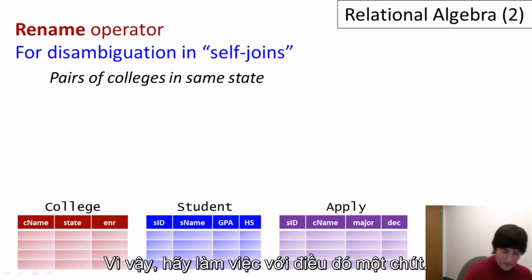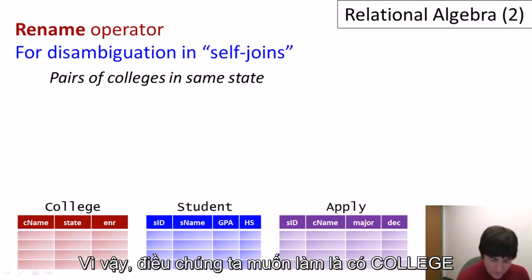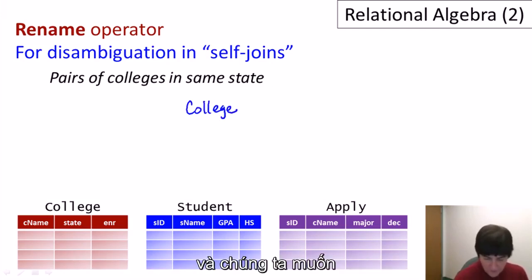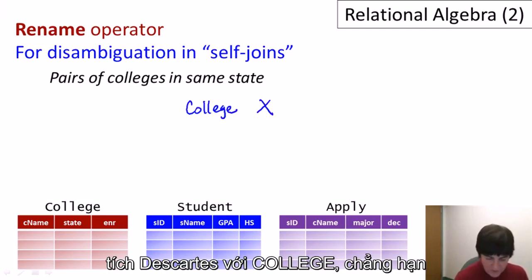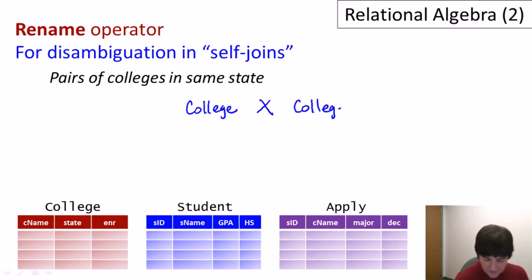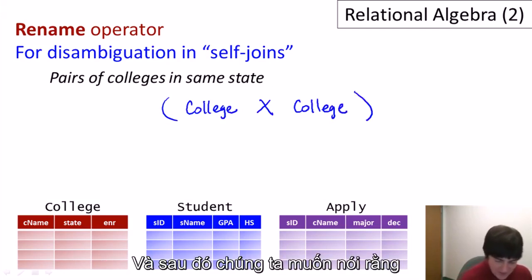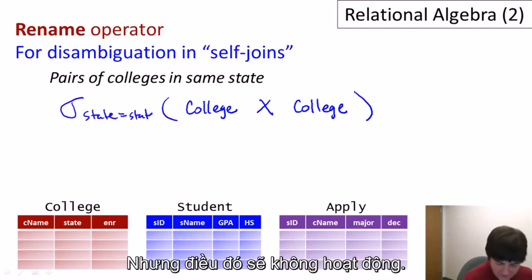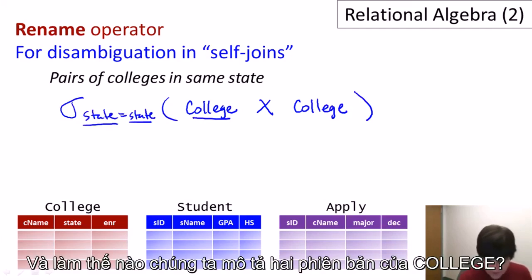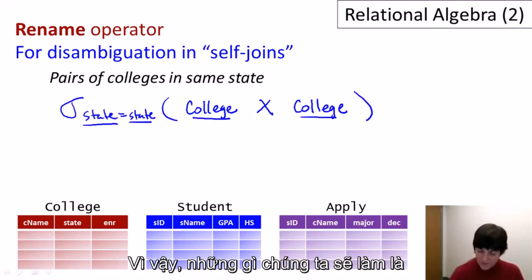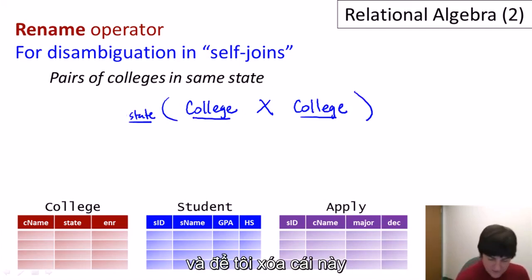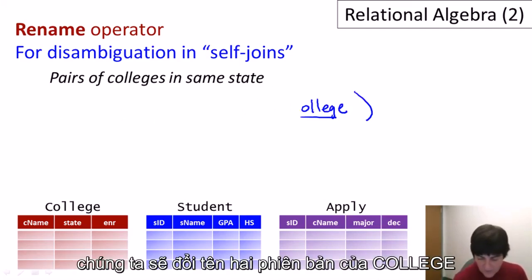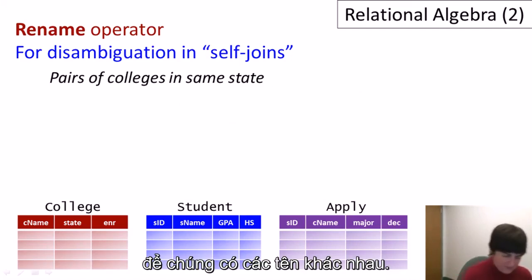So let's work on that a little bit. Let's just start with the cross product of college. And then we want to somehow say, well, the state equals the state. But that's not going to work. Which state are these? And how do we describe the two instances of college? So what we're going to do is rename those two instances of college so they have different names.